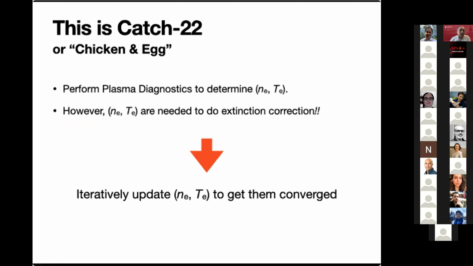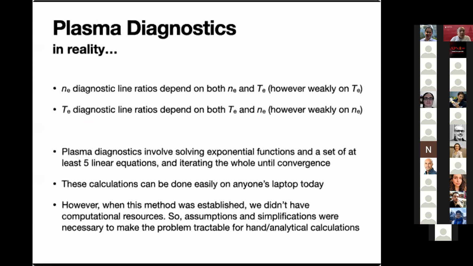And in order to resolve this, one way is to iteratively update your initial assumption, the initial starting point of electron density and electron temperature, and then you iterate to get these values converged. So this is one way to get out of this issue. The other thing is that in plasma diagnostics, we pick so-called electron density diagnostic line ratios.